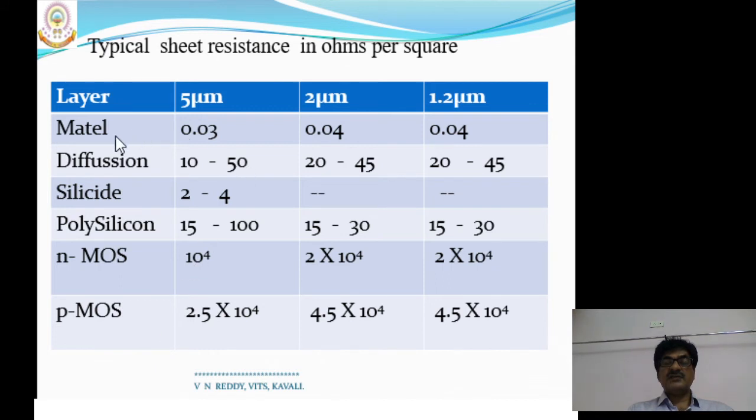The sheet resistance of these metals and transistors in different technologies like 5 micrometer technology, 2 micrometer technology, and 1.2 micrometer technology is represented here. Okay, you just remember the values of all this.